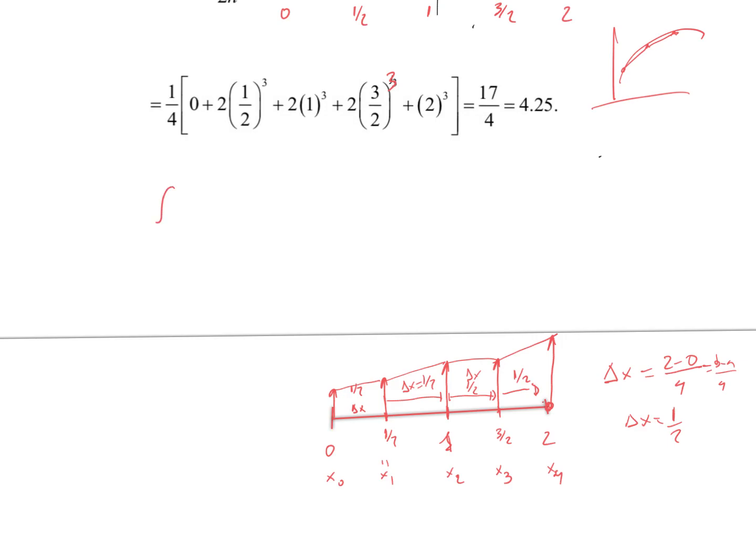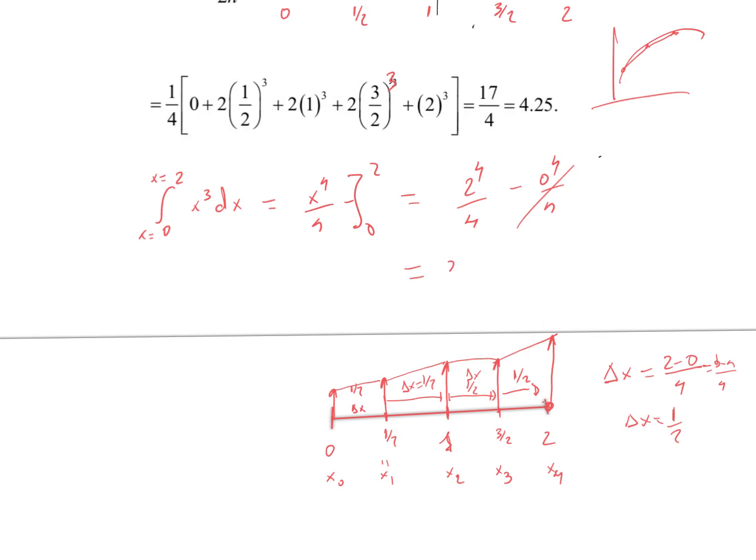The integral from x equals 0 to x equals 2 of the function x cubed dx, the area below the curve, is x to the 4 divided by 4, evaluated between 0 and 2. So it will be 2 raised to the 4 divided by 4 minus 0 raised to the 4 divided by 4, which is 0.